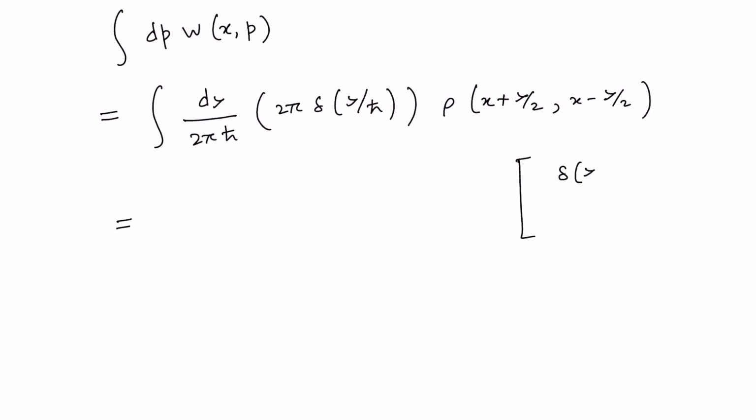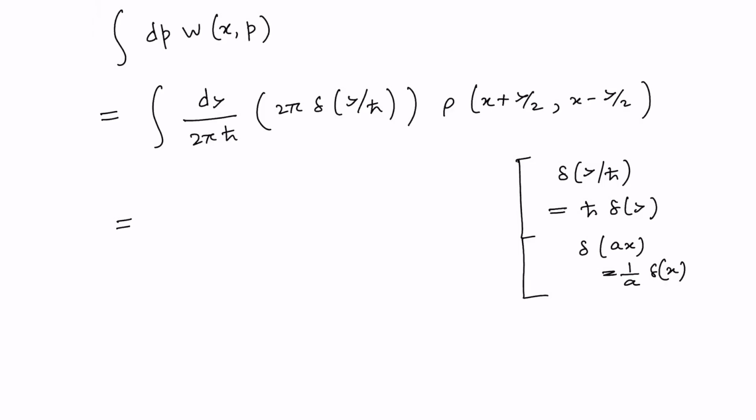I know that delta of y by h bar is equal to h bar delta of y. You can look into any mathematical physics book or engineering mathematics book and you will get this relation. In fact, delta of a x is equal to 1 by a delta of x. This is a well-known result.